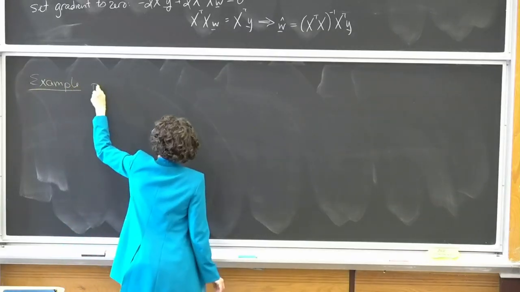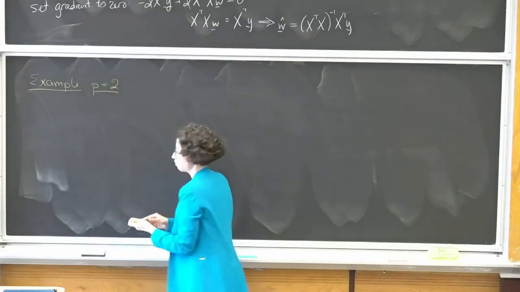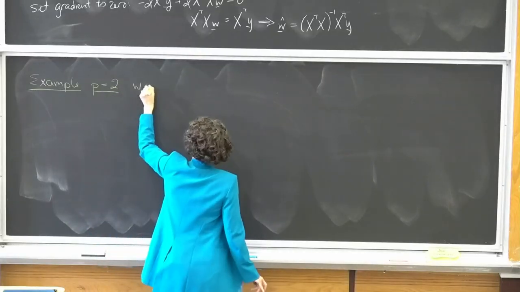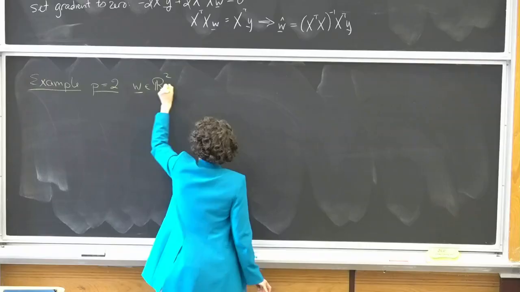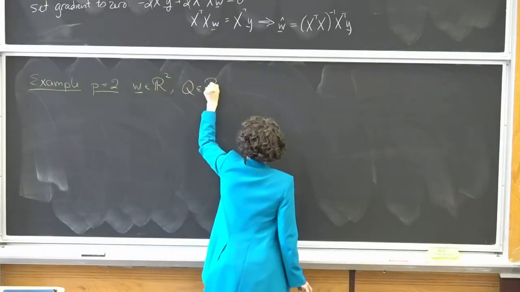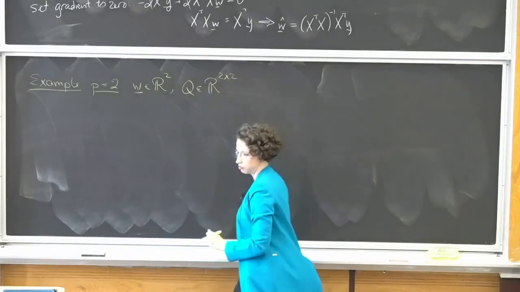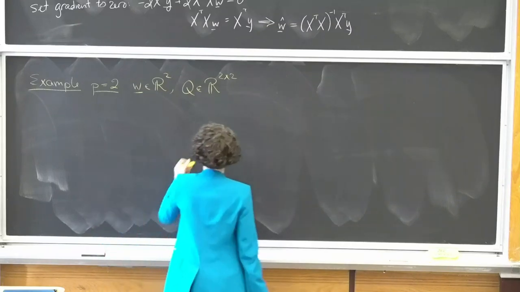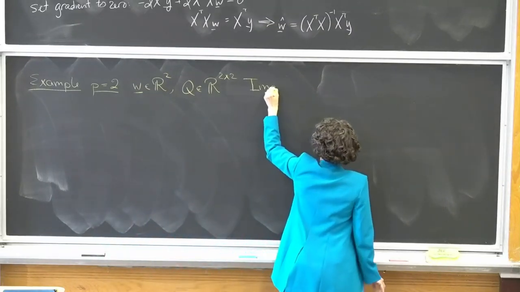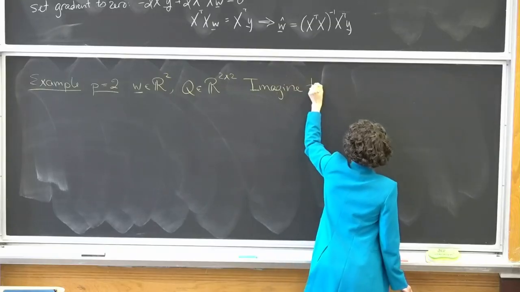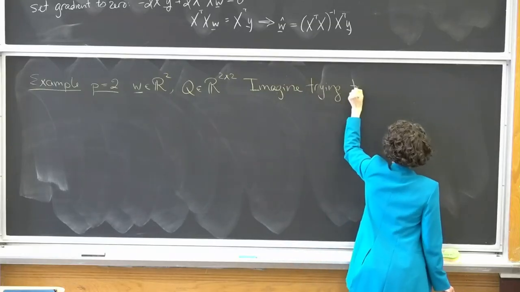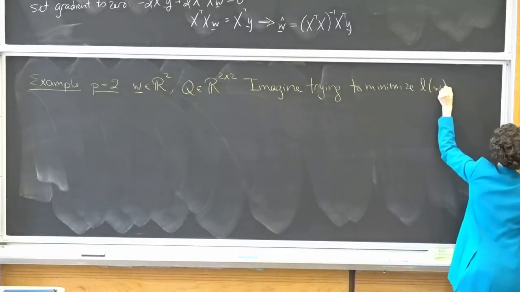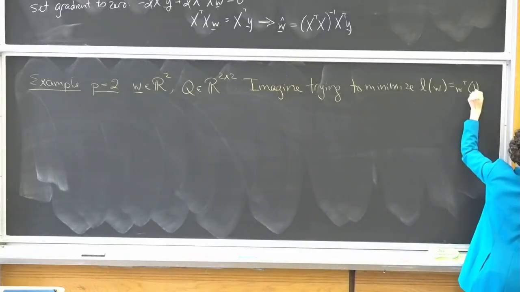So now we're going to have P equal to 2. So our weight vectors have 2 dimensions. W is in R2 and Q is in R2 by 2. It's a 2 by 2 matrix. And now we could imagine trying to minimize L of W equal to W transpose QW.